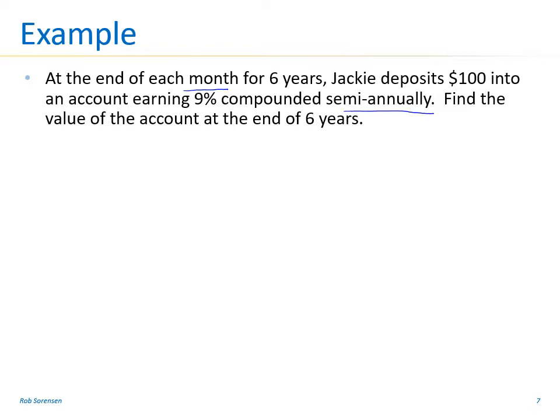So let's go ahead and write down what they've given us. We're doing deposits here at the end of each month for 6 years. So I've got 6 years of monthly deposits. It's going to be 72 deposits, so that'll be N. The payment each time is $100, isn't it? They gave us J2 is equal to 0.09.